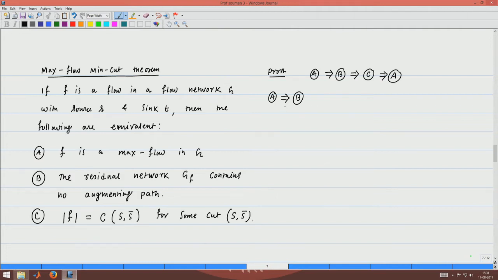Suppose that F is a maximum flow in G, then we will prove that there is no augmenting path in the residual network G_F.